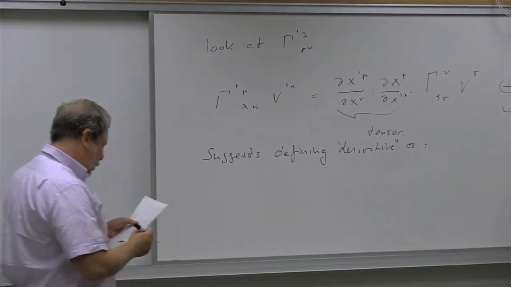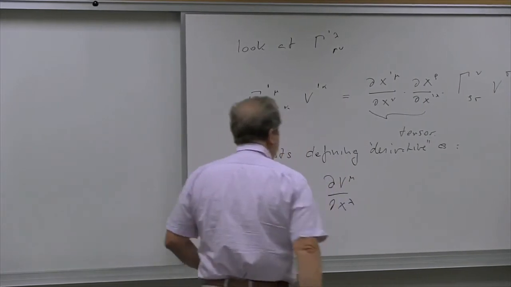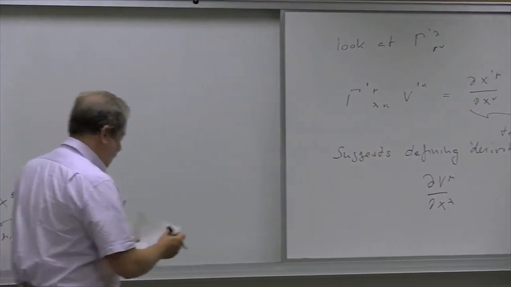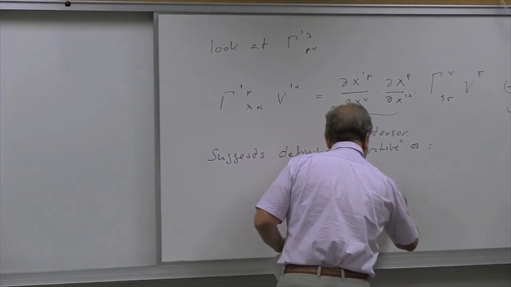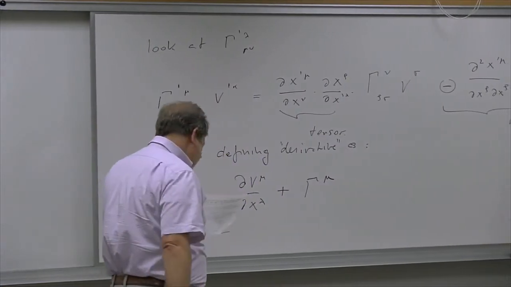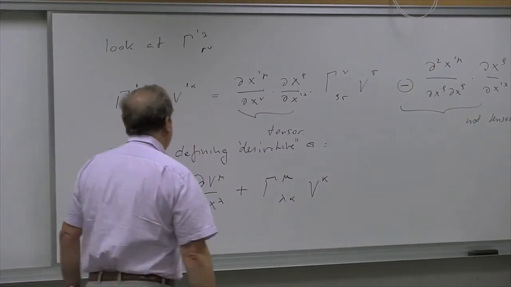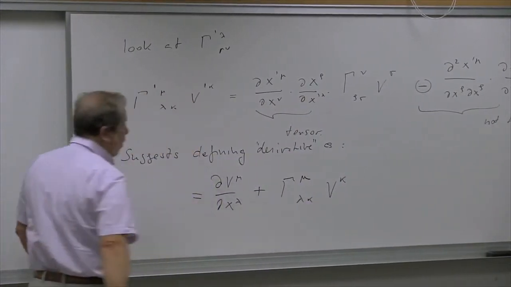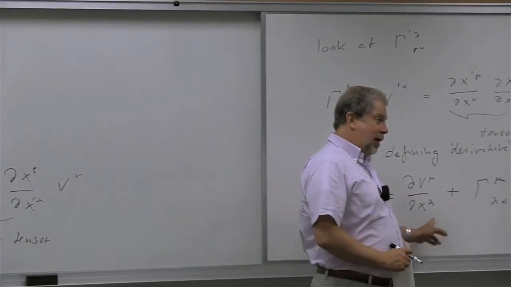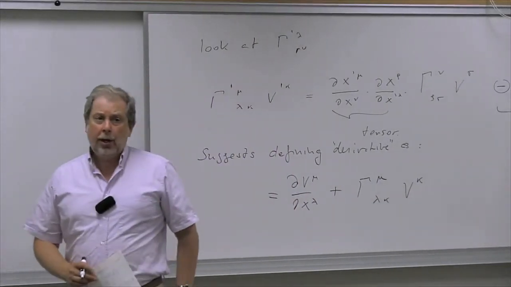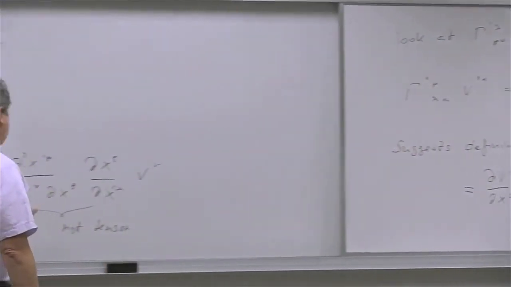That is, we should first take the derivative of v mu with respect to x lambda, like we have done on that side, and then add on to it a piece where we have gamma mu lambda k times vk. If we look at this object, when we combine together the ordinary derivative and a piece that contains the affine connection, then the transformation law of this piece gives us this second derivative term.